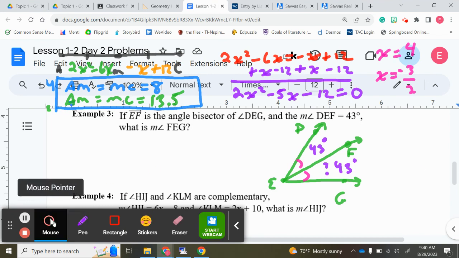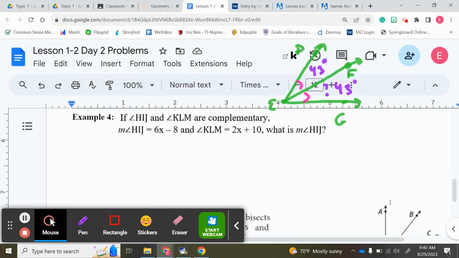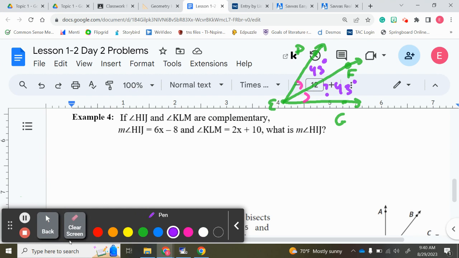Everybody's still copying this down. All right. They're telling me if angle HIJ and angle KLM are complementary. What does that mean? What does complementary mean?